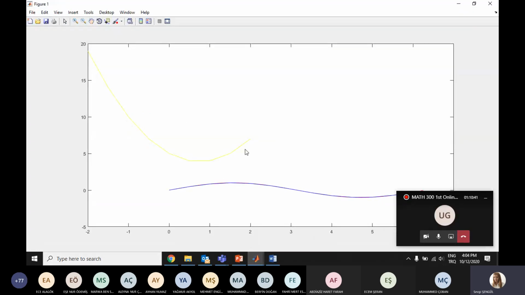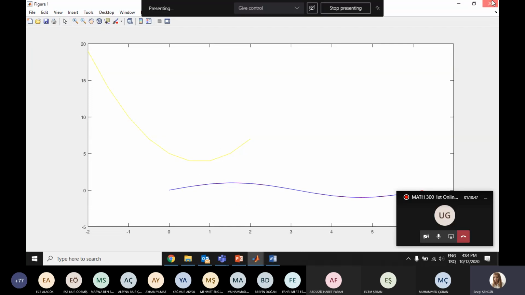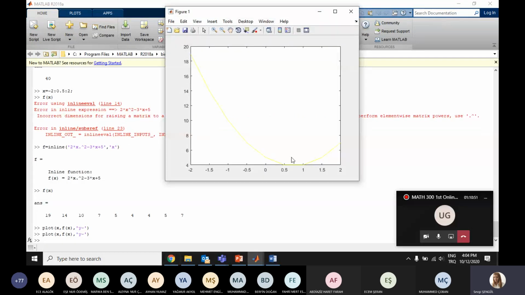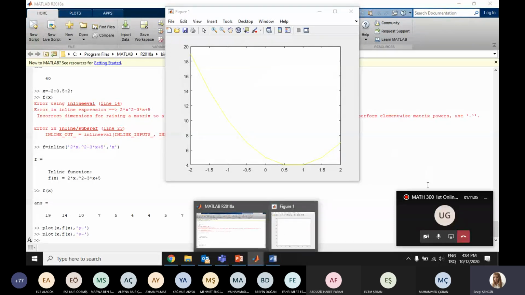See, since I put hold on, it just plotted over the opened figure. If I close that figure and call it again, it will plot it by itself. Okay. This is the f of x function when x is between -2 and 2. So you can easily observe these functions with MATLAB.